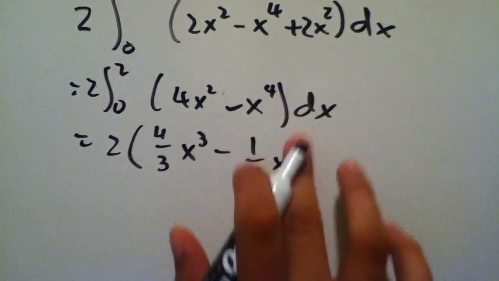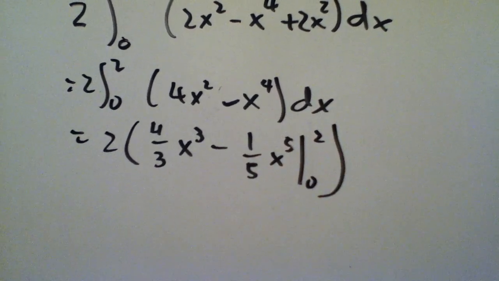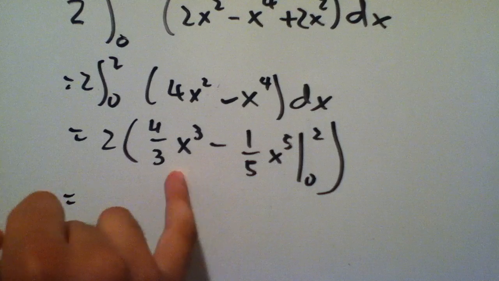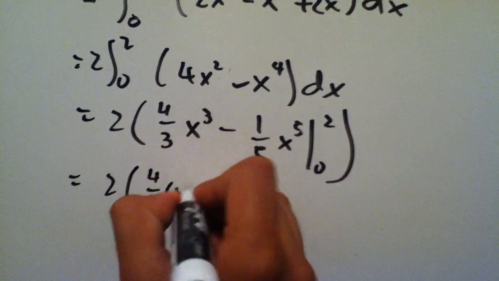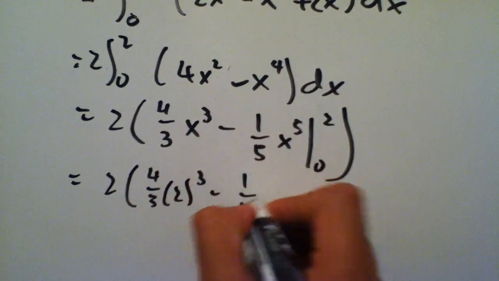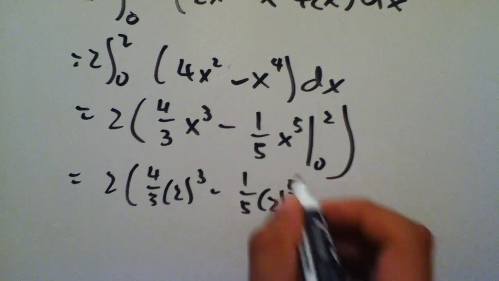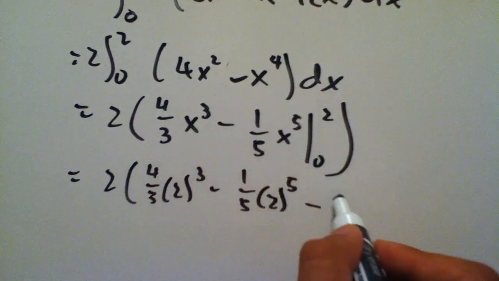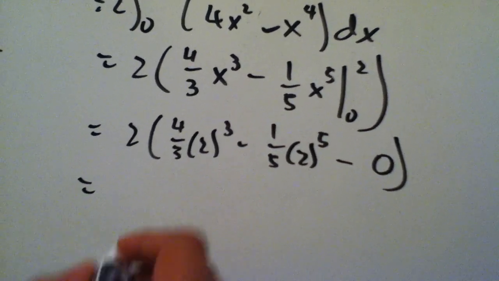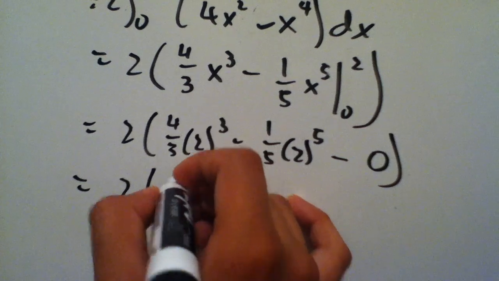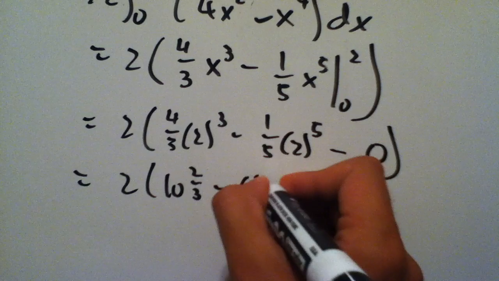And we're going from 0 to 2, and then I have to put this in and subtract, so 4 over 3 times 2 cubed minus 1 over 5 times 2 to the power of 5, then minus 0, because of course it's just 0 in there. When we solve this out, we get 2 times (10 2/3 minus 6 2/5).